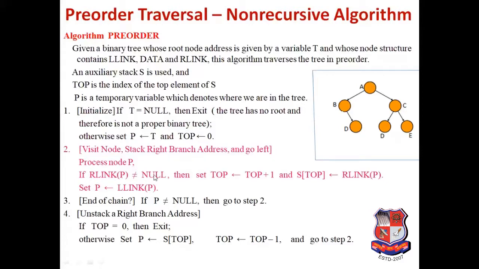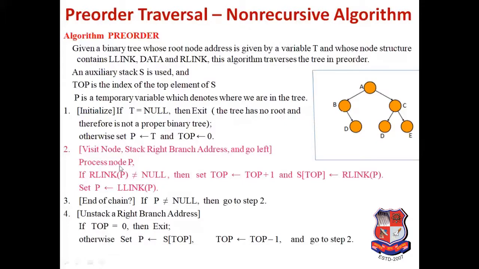If the node has a right child, then only we add that node address to the stack. So we first check whether R link of P is null or not. If it is not null, then we add it to the stack. And then we assign the left node address to P. So this is the step that we do for processing.